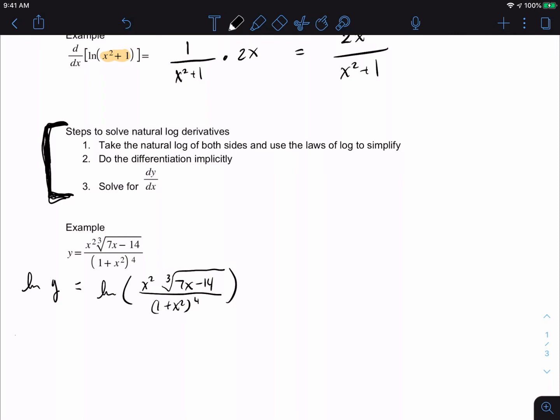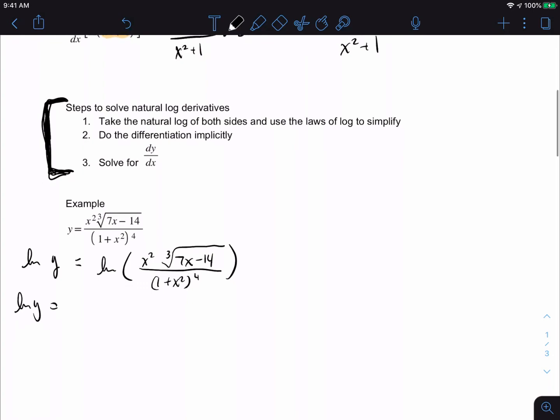Here they come. So what I'm going to end up getting is the natural log of x squared plus the natural log of the cube root of 7x minus 14 minus the natural log of 1 plus x squared to the 4th power.